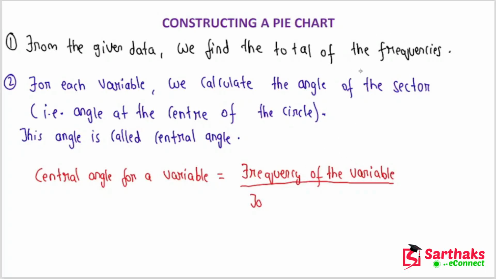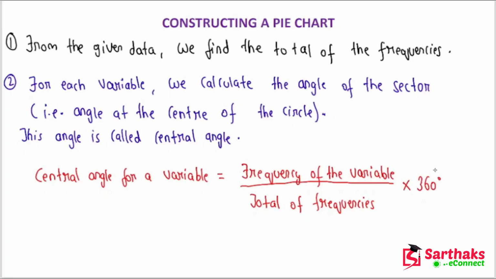See, we have calculated the total of frequency. I told you that it will form the denominator, so we will write total of frequencies. Frequency of the variable whole upon total of the frequencies into 360 degree.